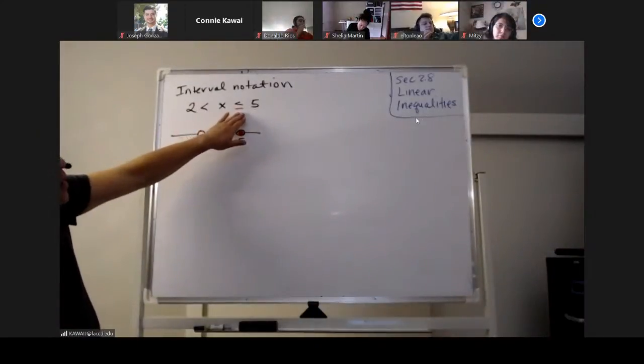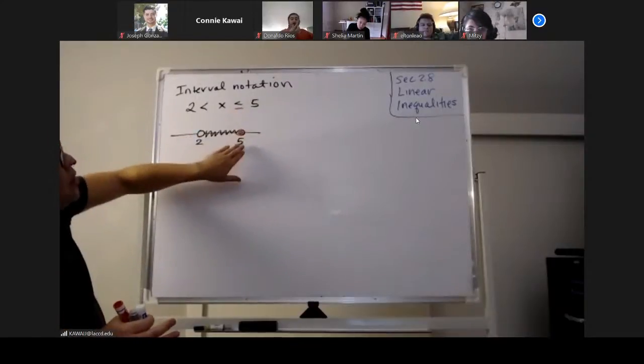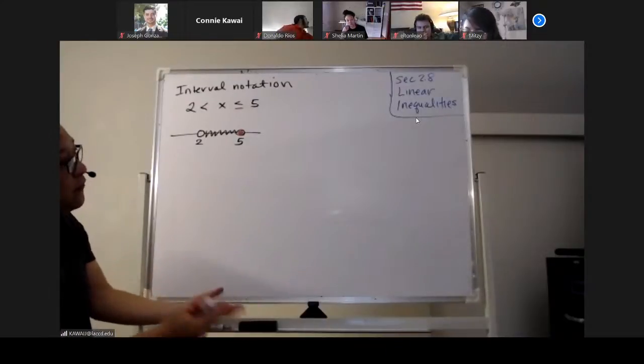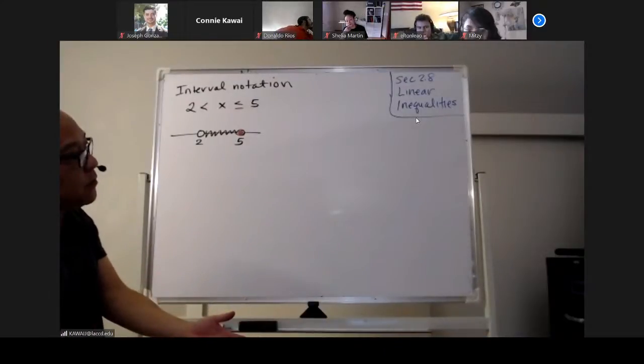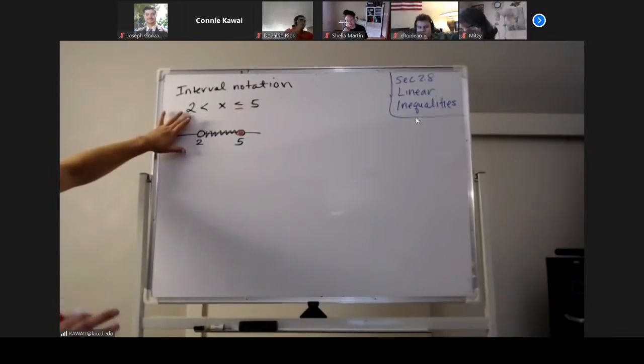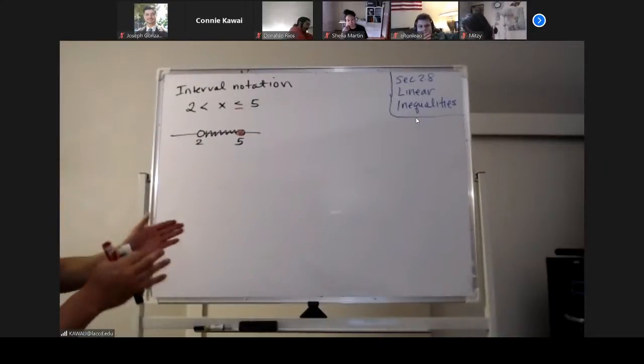This means that if you're exactly 5 years old, you can come to the party. But if you're one day over, 5.1, 5.001, you can't come. Over here, this means that if you're exactly 2, you cannot come. You have to be 1 day or 1 second older than 2 years old.